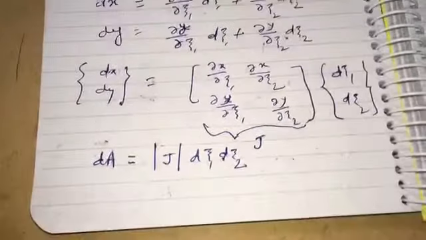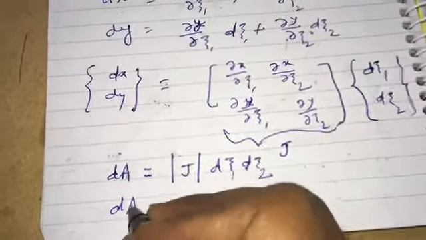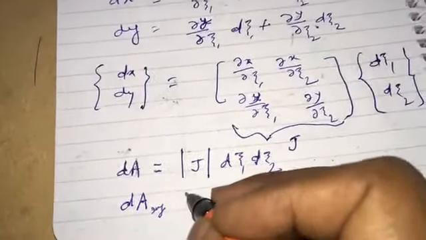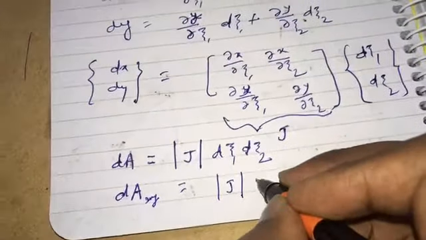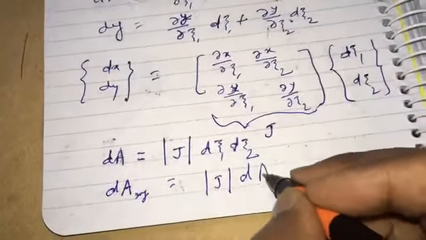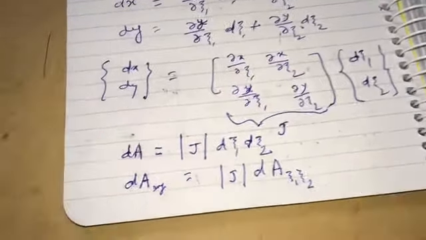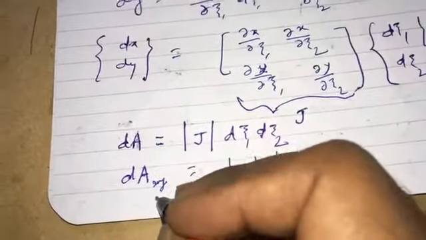Before we find out J, this we can also rewrite as dA in the xy coordinate system will be equal to the determinant of the Jacobian times d area in the xi1 xi2 coordinate system. Okay, so here it is xy.